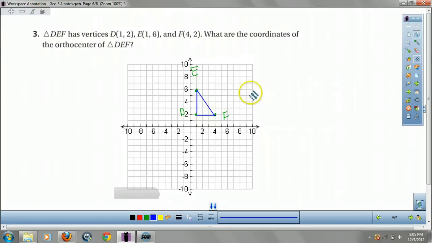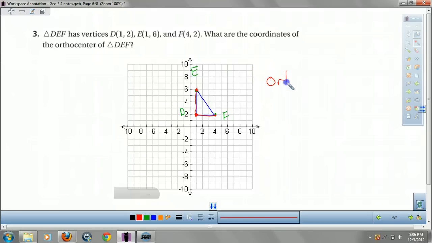Now, to make an orthocenter, we need altitudes, right? Guess what? This is where it gets really tricky. See this right here? Start at a vertex, make it perpendicular to it. Oh, it's right there. Start at a point, go perpendicular. Oh, it's right there.